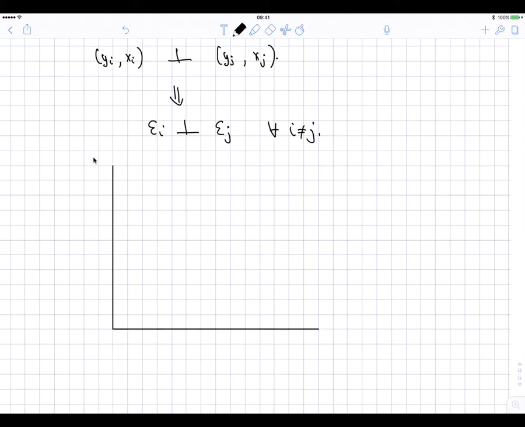Imagine that I told you that the A1 assumption holds. So this is the true line, beta 0 plus beta 1 times x. And imagine that you observe that the true population values were like this, and then you had a few of these things laying around.